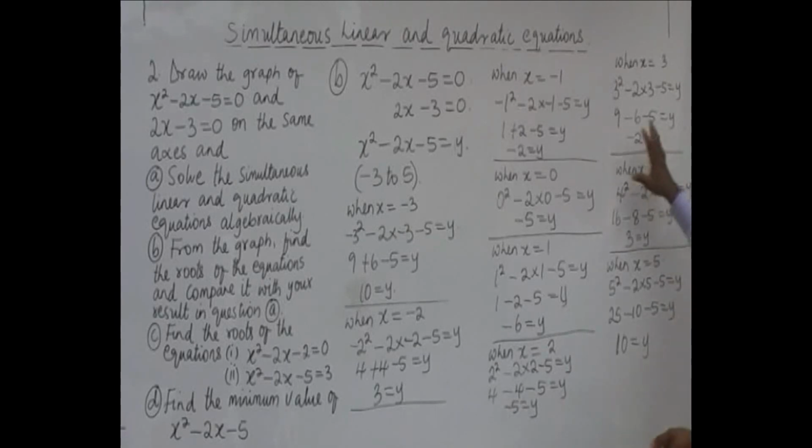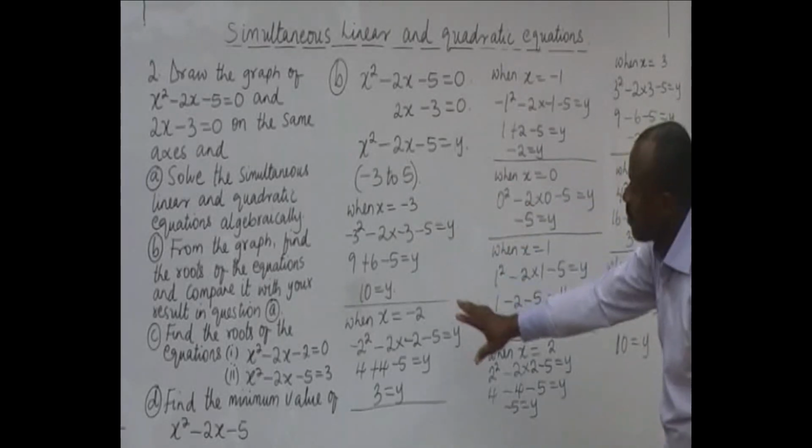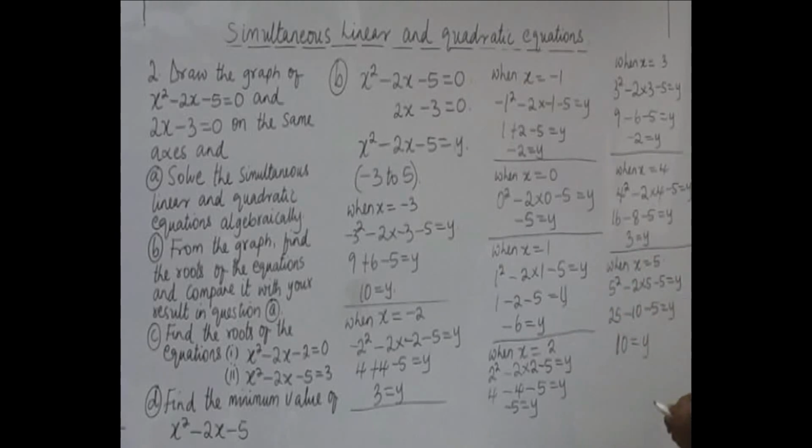So these are the values we have for x and its corresponding values for y. So we are going to now use it to construct the table of value for the quadratic equation.